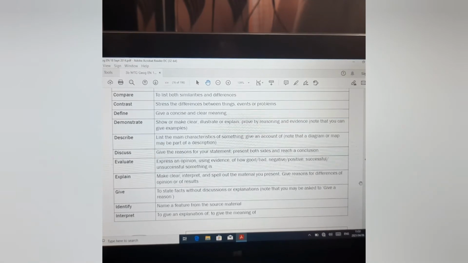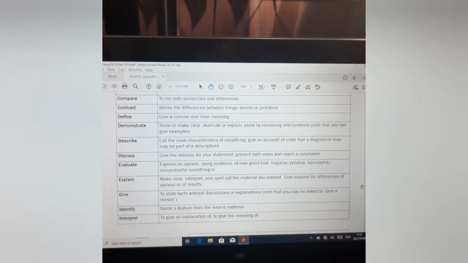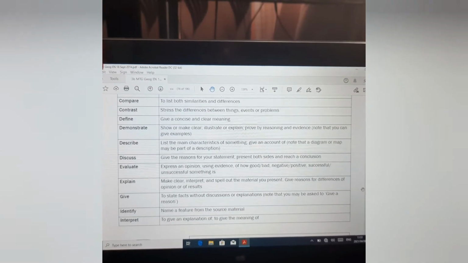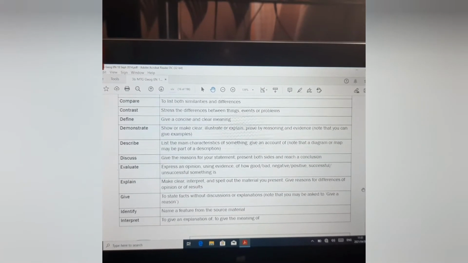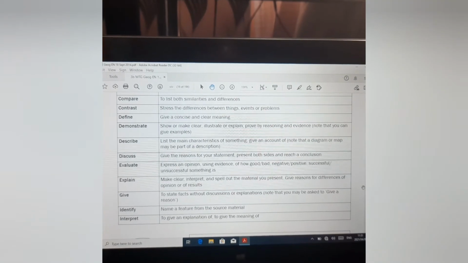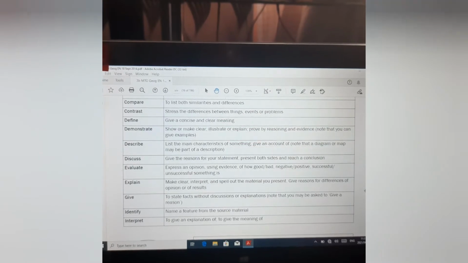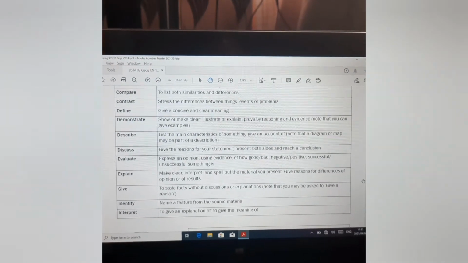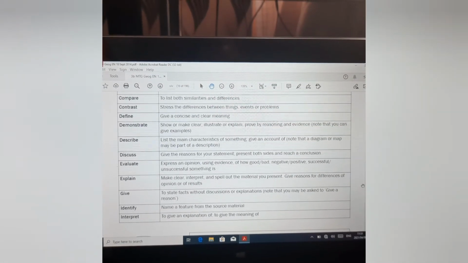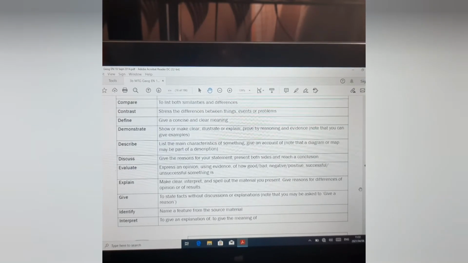Evaluate. Express an opinion using evidence of how good or bad, negative or positive, successful or unsuccessful something is. Now, you are also sometimes given a word like explain. Make clear, interpret, and spell out the material you present. Give reasons for differences of opinion or results. That's you explaining. When they say give, here you can even put in bullet form to state facts without discussion or explanation.